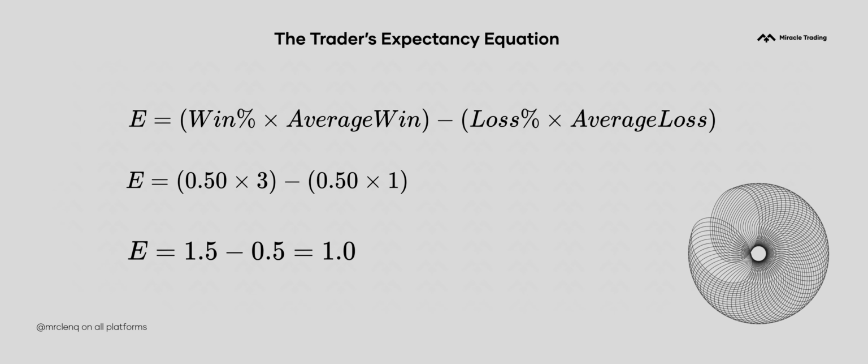So let's say, for example, we have a 50% win rate with a risk to reward of 1 to 3, meaning we're risking $100 to make $300 with a win rate of 50%.